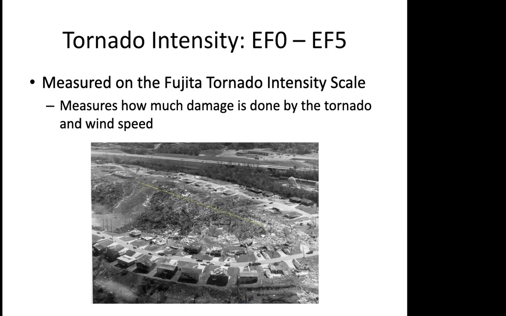All right, this is how they measure how much damage is done by the tornado and the actual wind speed. So sometimes tornadoes can come through and do very minimal damage, and sometimes they can come through and wreak a lot of havoc, okay?